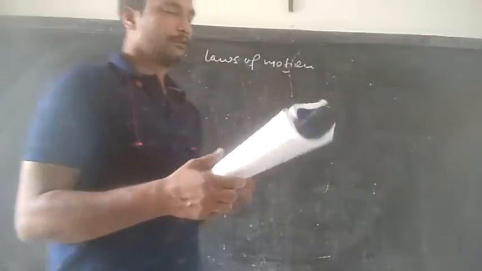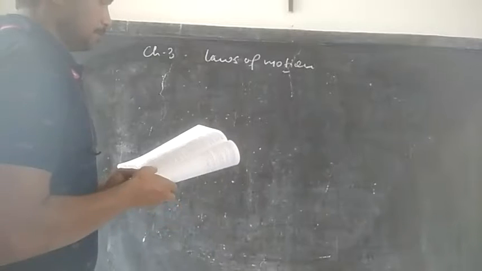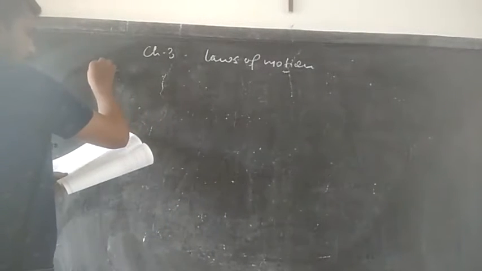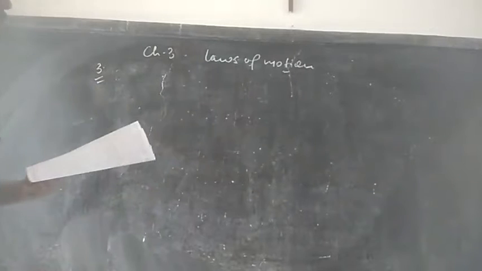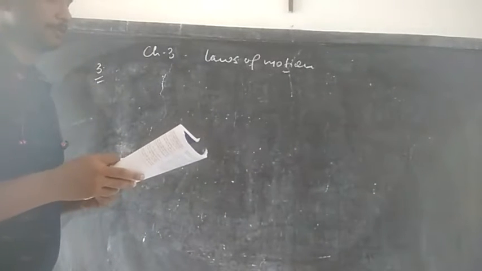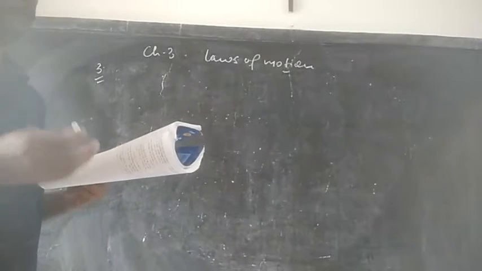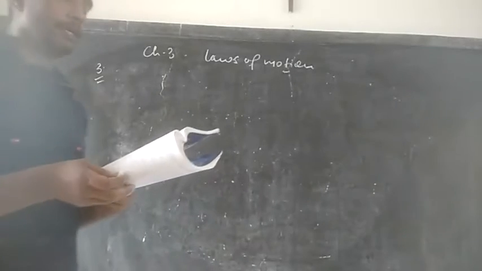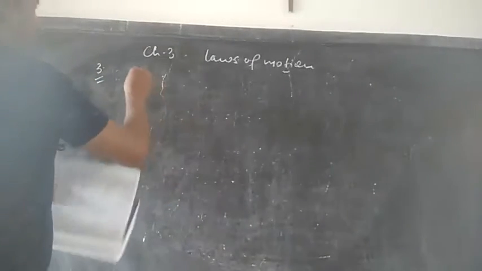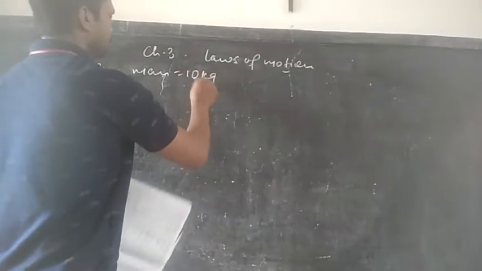We can start with question number 3. Calculate the weight of a body of mass 10 kg in kgf and Newton, where g is given as 9.8 meter per second square. So here the mass of the body is given as 10 kg.